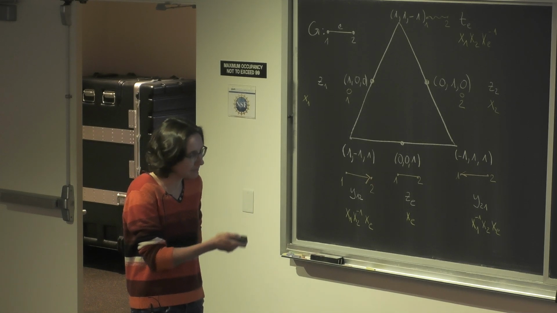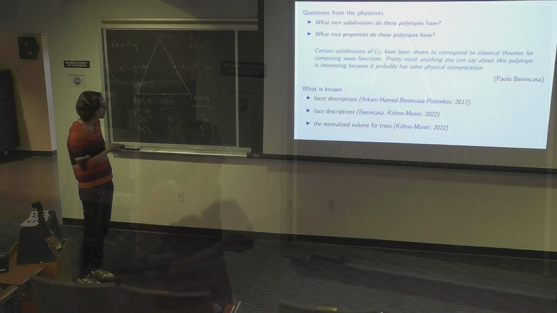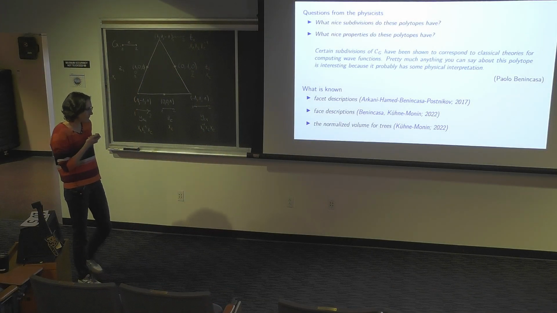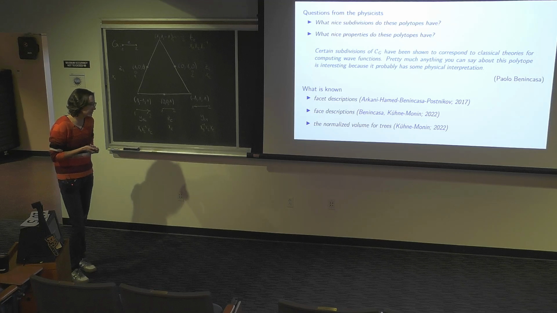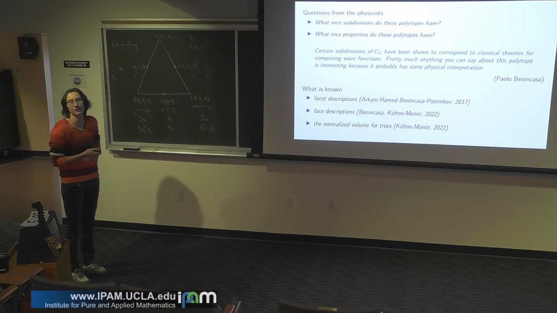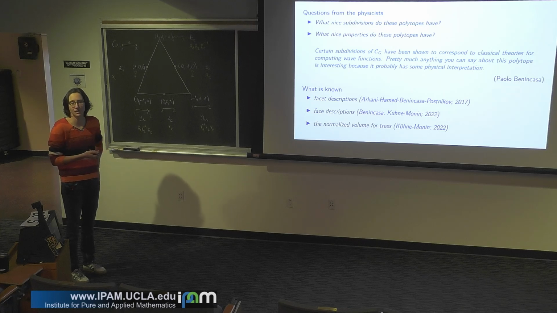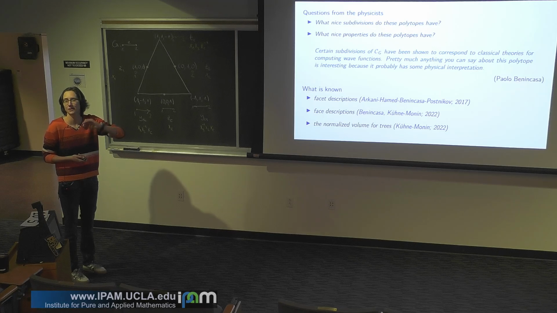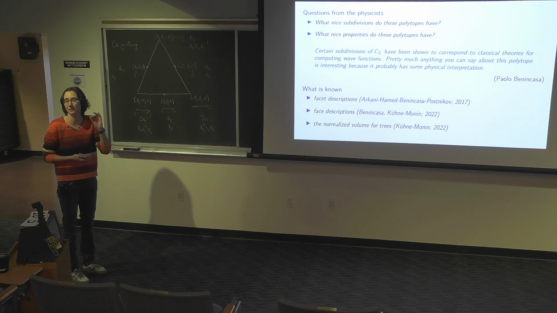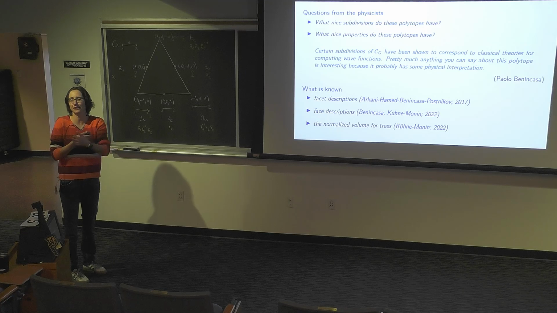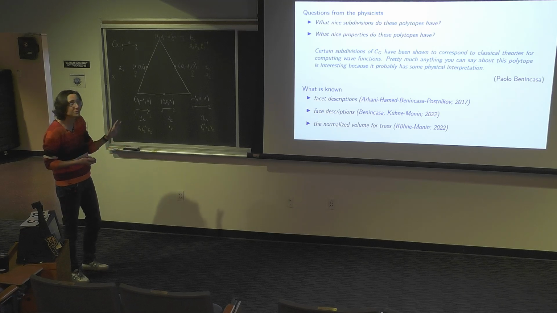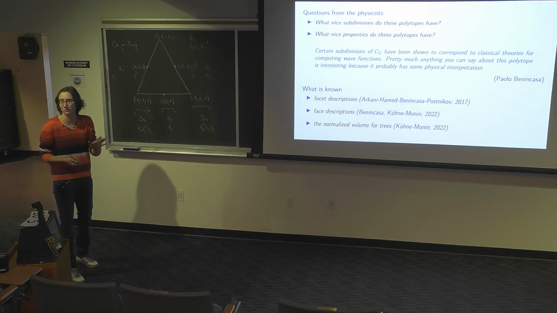And so let me say what was known, or what is known. There's a paper where these polytopes were introduced in 2017 by Arkani-Hamed, Benincasa and Postnikov, where they provide a facet description. And don't expect this facet description to appear in a theorem. There's not a single theorem in this whole paper. It's just written somewhere, and the proof is beautiful, but you wouldn't call it a proof.